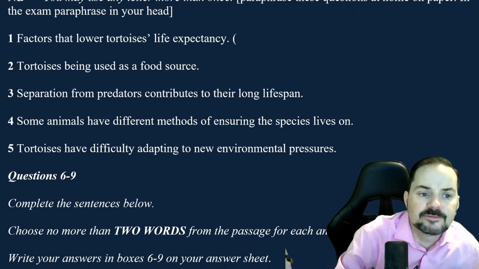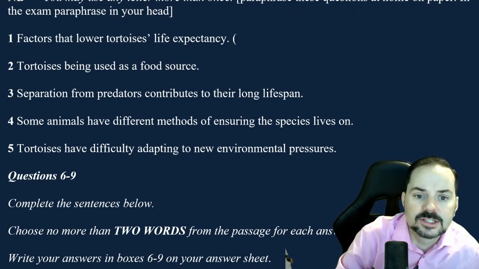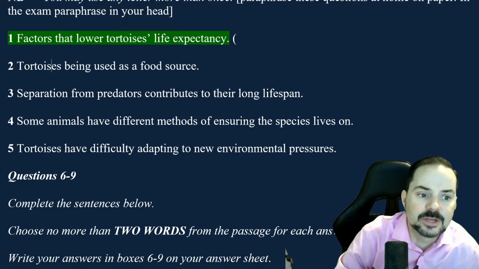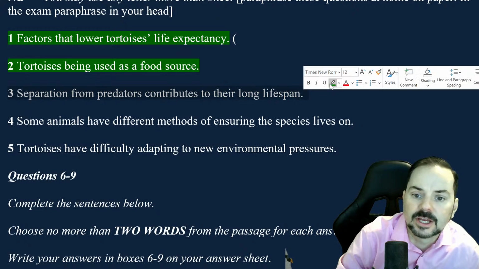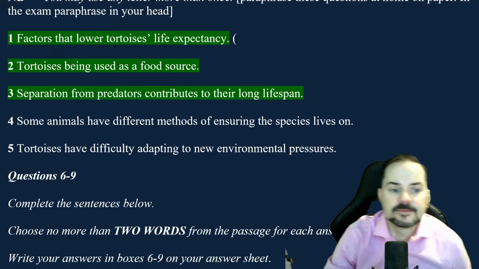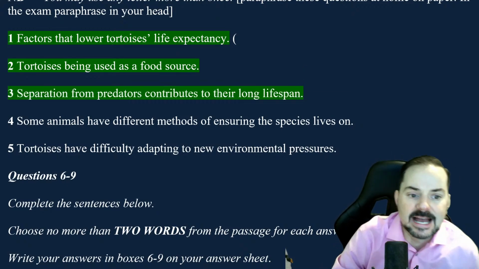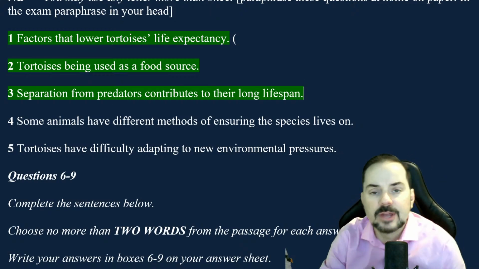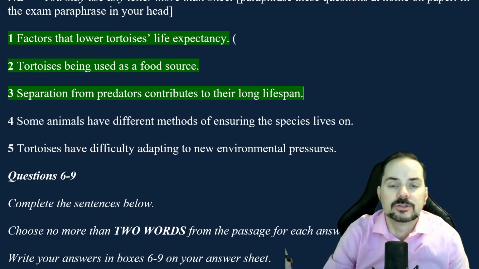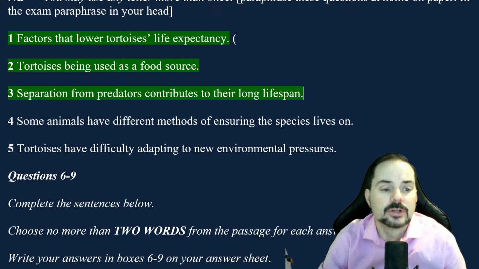Members, viewers, paraphrase this. Factors that lower tortoises' life expectancy. You paraphrase these first 3. Okay. I will paraphrase the last 3 or the last 2. We'll see who finishes first. Okay. So you paraphrase these first ones. I'll paraphrase the last 2. Okay, I'll do that quietly. I'll give you a moment, members, to do this exercise, and then I'll take a look at what you wrote.